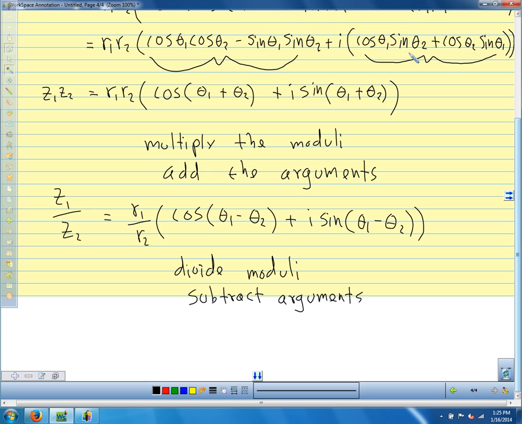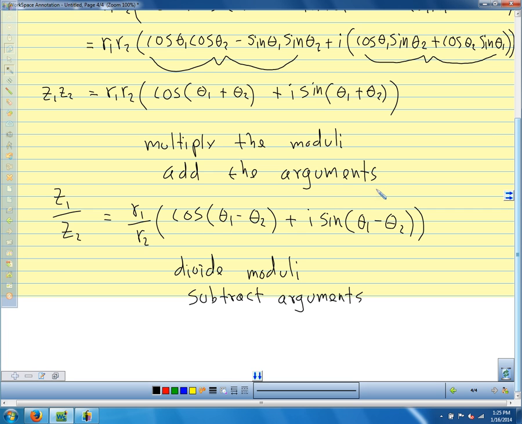And if you think about how complicated finding something like 2 plus 3i to the 7th power would be using a plus bi form, multiplying all of that stuff out would be really complicated. Using trig form, really, really, really easy. And we'll be able to find roots, 7th roots, 6th roots, 10th roots of complex numbers very easily using trig form.